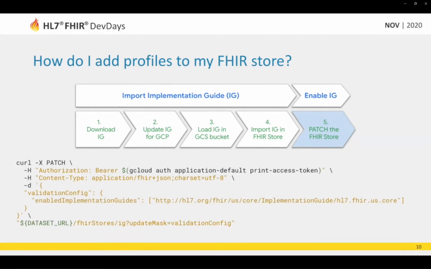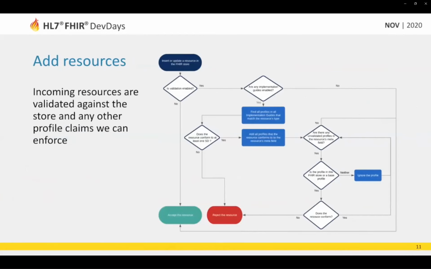Adding a resource means coming through any of the standard FHIR operations that can create a resource. This would be create, update, or patch, inside of a bundle or not. When a resource is added to the FHIR store, we now ask, is validation enabled?